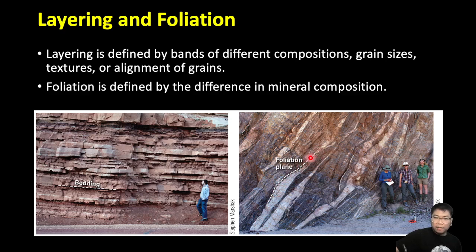And that is a characteristic of a foliation. It does show some alignment, but the alignment is not very continuous. Sometimes it just dies out like this. So those are layering or beddings in sedimentary rocks and foliation in metamorphic rocks.